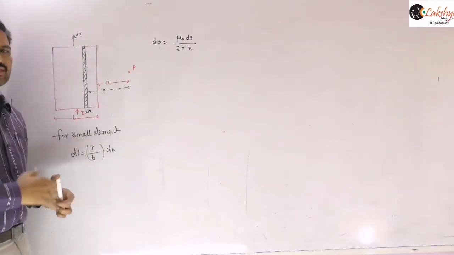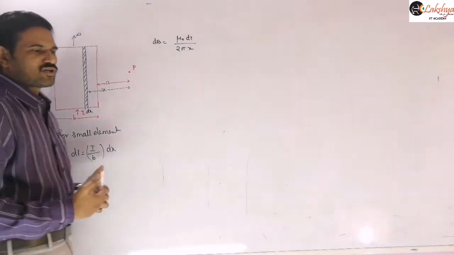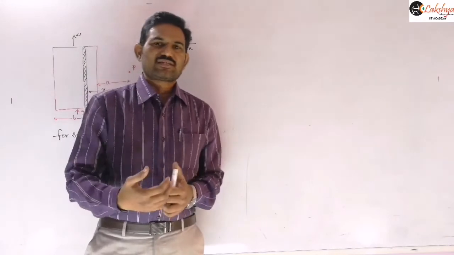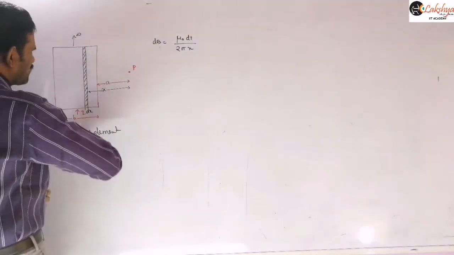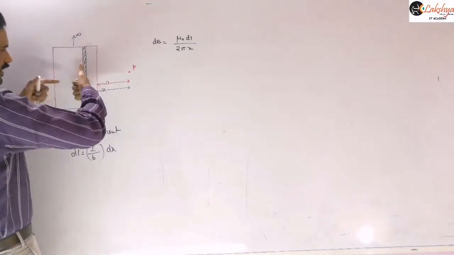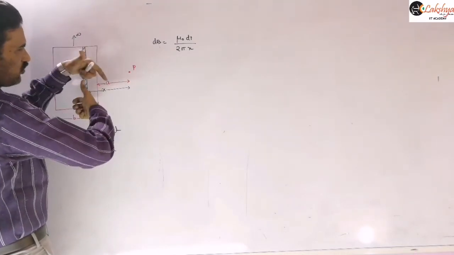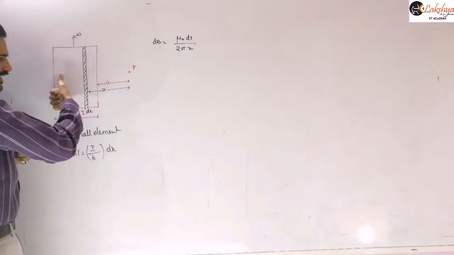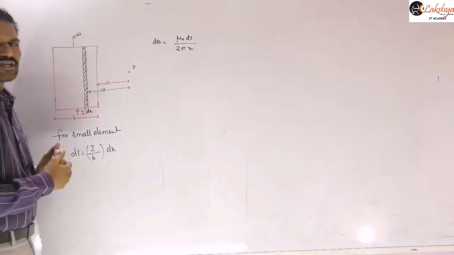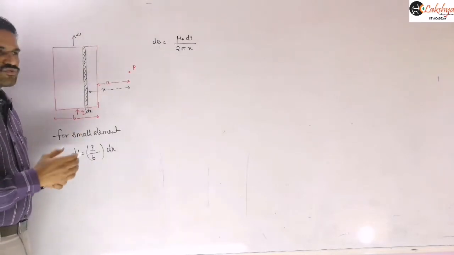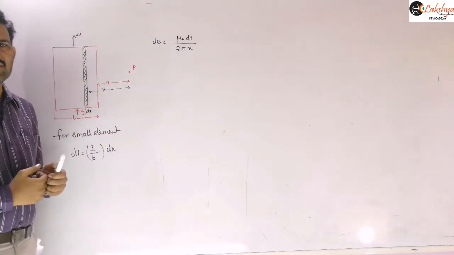And then next we need to integrate, but we need to verify whether all the elements are producing the magnetic field in the same direction or in different directions. So if current is flowing like this in the upward direction, then here the magnetic field will be inwards. We can check that all the elements carry current in the same direction, and so every element produces the magnetic field in the same direction.